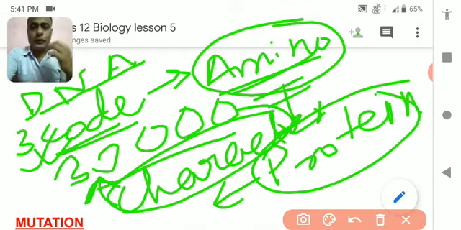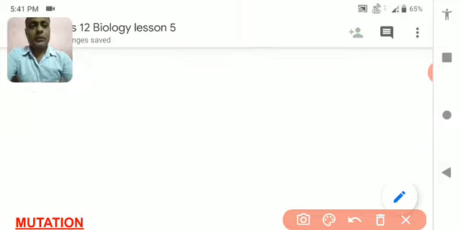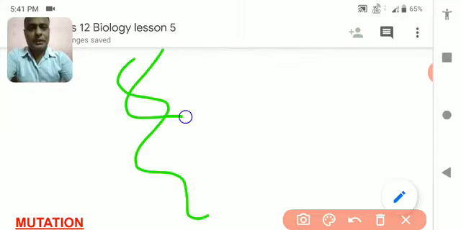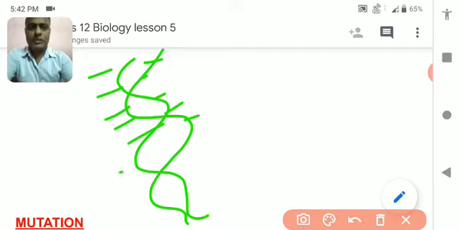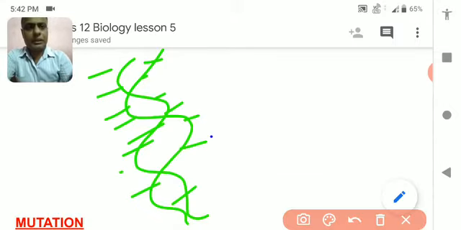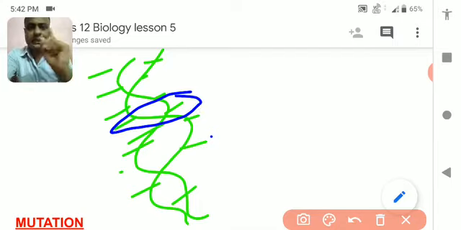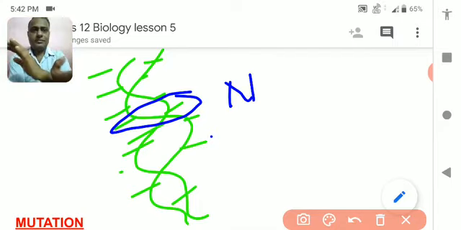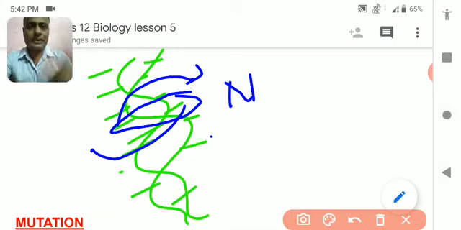Now we are going to study what is called mutation. Suppose the DNA has a particular arrangement of nucleotides. Somehow a single pair of nucleotides just alters, meaning this nucleotide comes to this side and this nucleotide comes to this side.